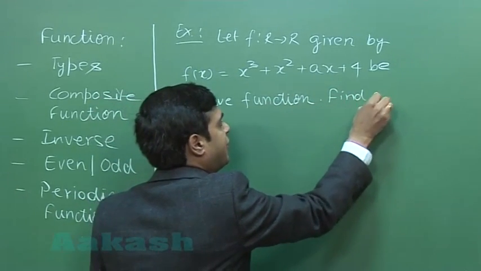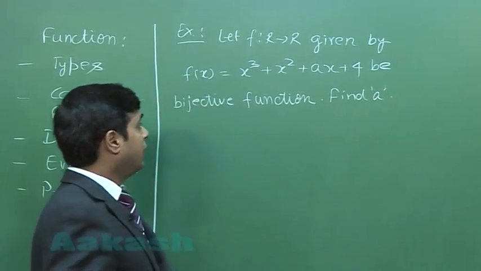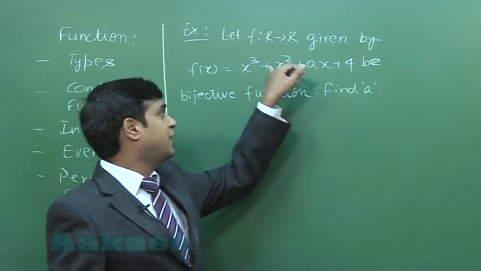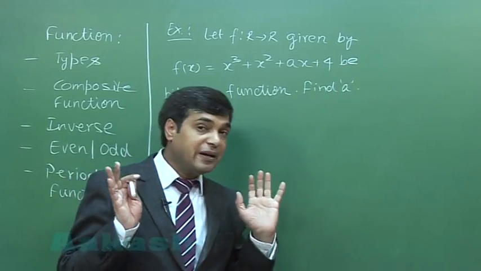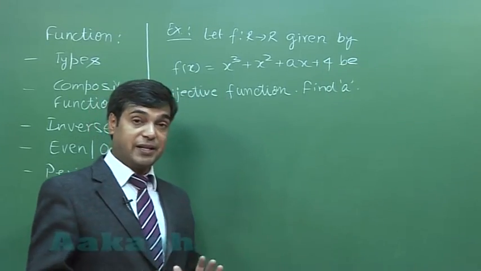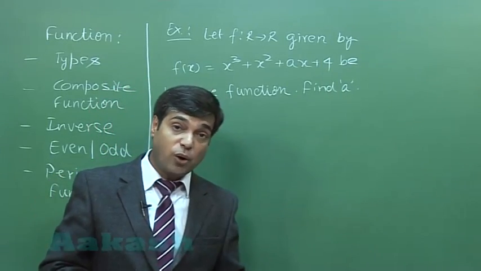Find a. Now a polynomial is given, x cube plus x square plus ax plus 4. It is given this function is bijective, meaning one-one as well as onto.